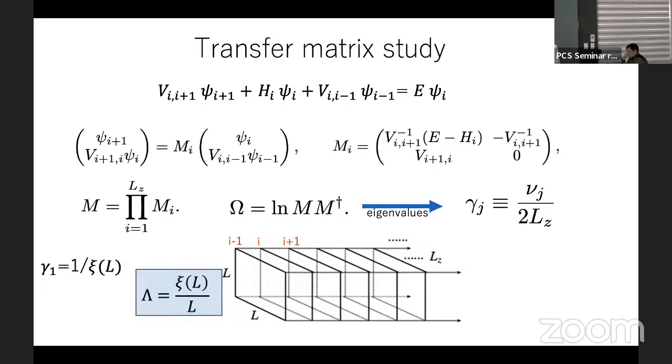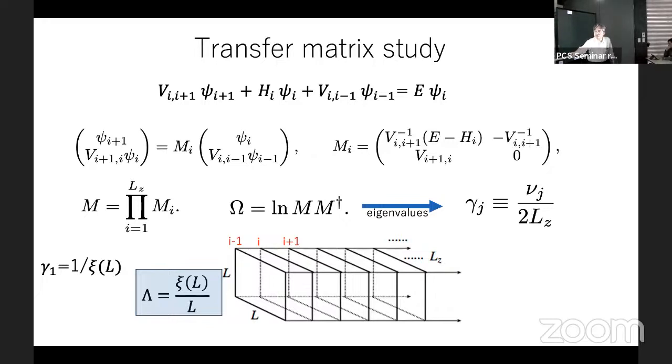So for this study, I use the transfer matrix. The transfer matrix relates the wave function on the ith layer to the i plus 1th layer. Psi i plus 1 is a vector whose components are the wave function amplitudes on the i plus 1th layer, which is related to psi i, the wave function on the ith layer, and psi i minus 1, the wave function on the i minus 1th layer, via the transfer matrix M_i.